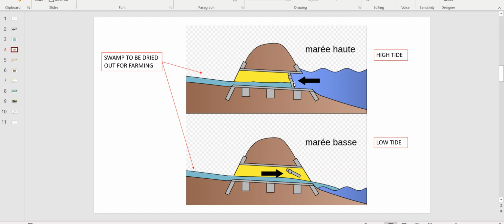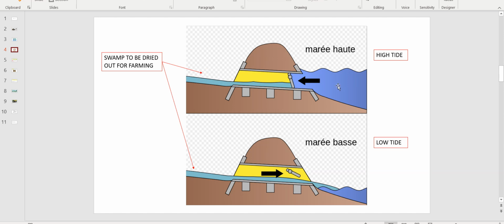Trapdoor, hey, trapdoor. Anyways, a mechanism. And that valve allows, if it's in high tide, it will self-lock and forbid the water to get into the farm's land here. That's the swamp here. You want to dry out to be able to farm.